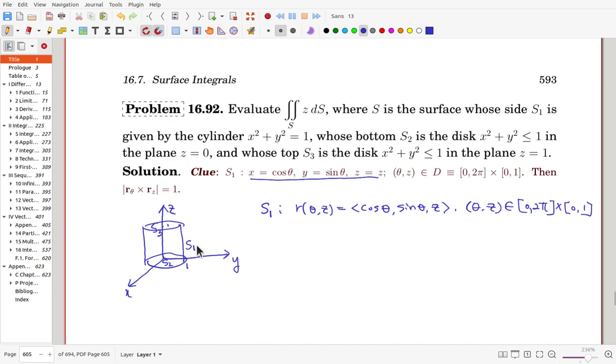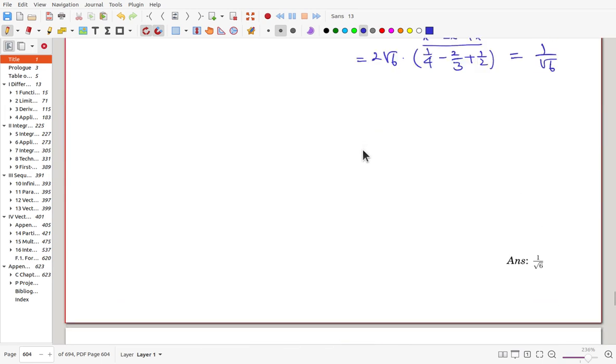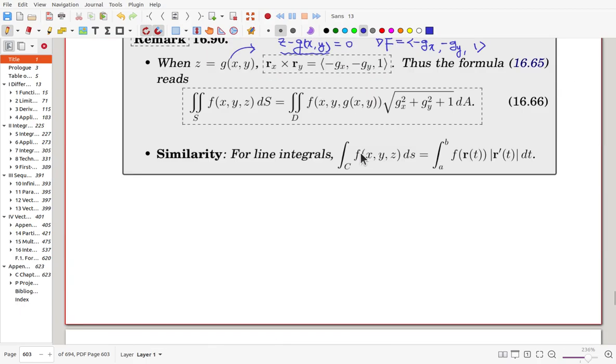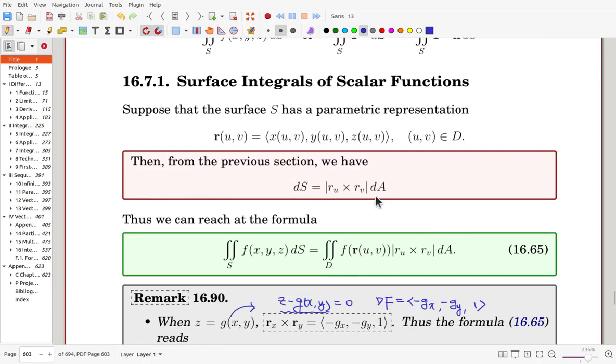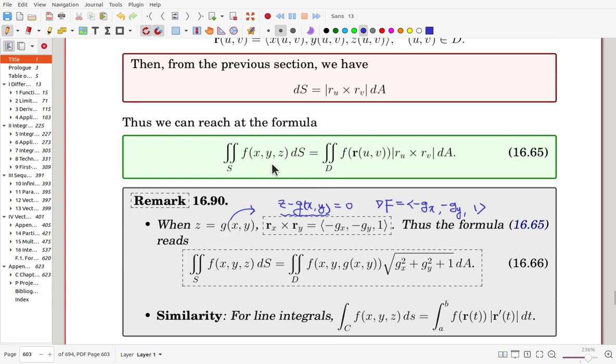For that one, we have to use the formula. Let's see the formula. That is now the magnitude of r sub u cross r sub v. Let's go back to the formula and try to use it. That is for the surface integral of a scalar function.